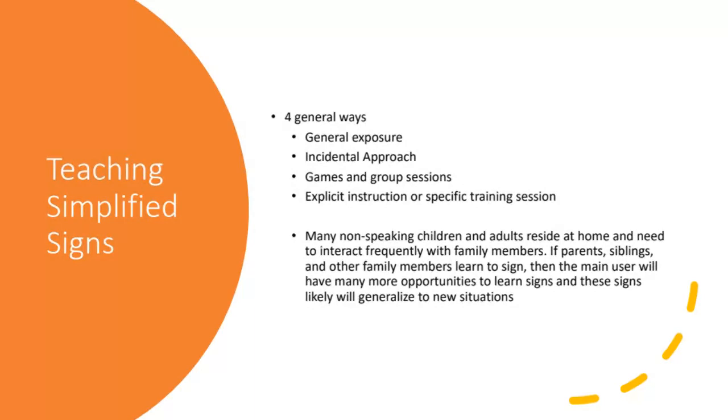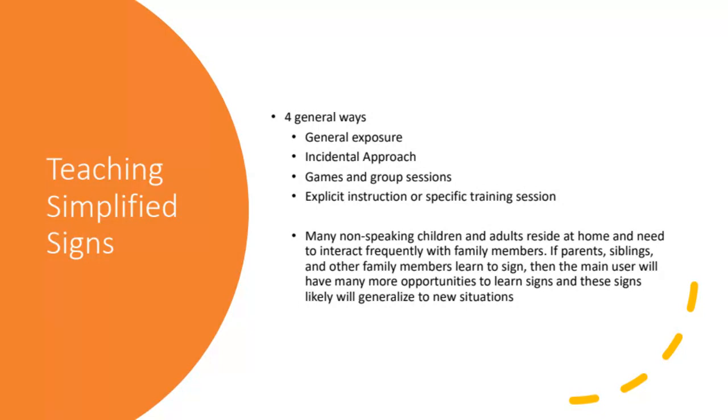Because you probably will be teaching signs to others, I just wanted to give you a brief overview of how to teach these signs. The authors of the Simplified Signs volumes talk about general exposure. So just exposing them to signs as you're working with them during the day would be one way. Just an incidental approach. So whenever you have a chance, you can say, okay, this sign might be helpful to you.